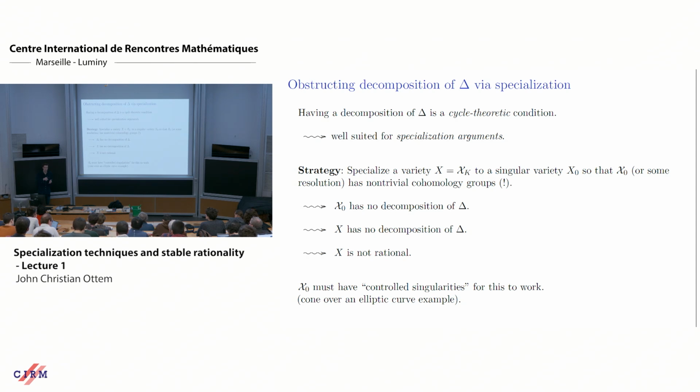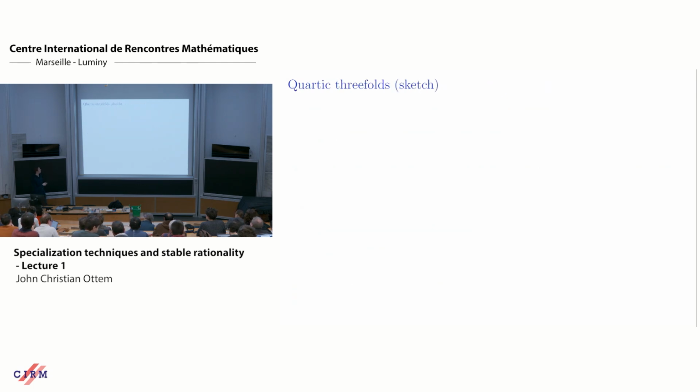So this argument is not automatic. One has to control the singularities for this to work. So I'll explain what this means next time. But let me just show you one example where this argument is used.